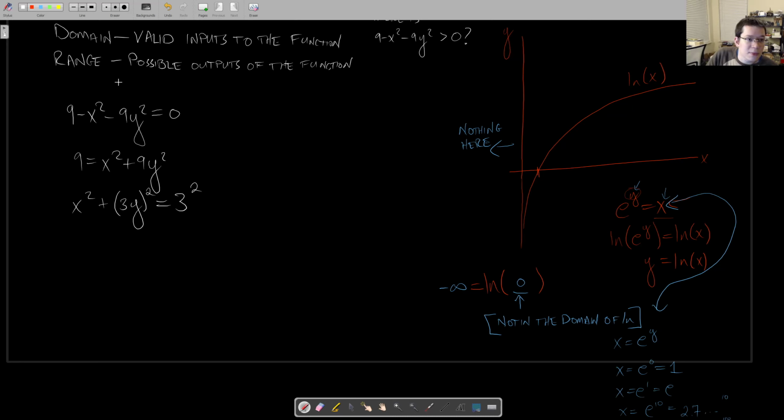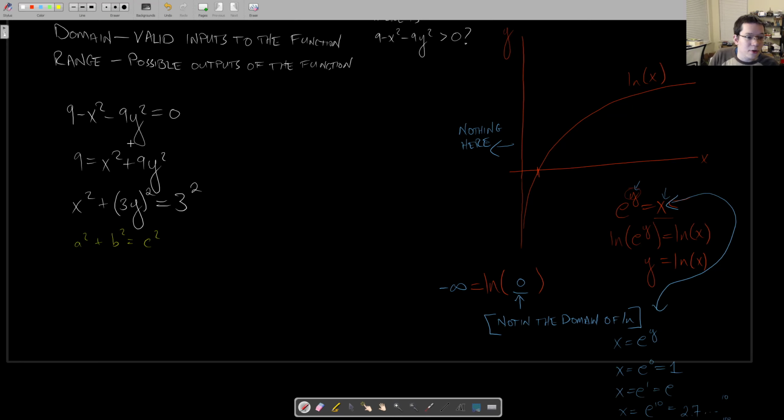And that looks to me like it's in the form a squared plus b squared equals c squared, which is a circle slash ellipse. Which tells me we should be looking at a circle or an ellipse for our shape.